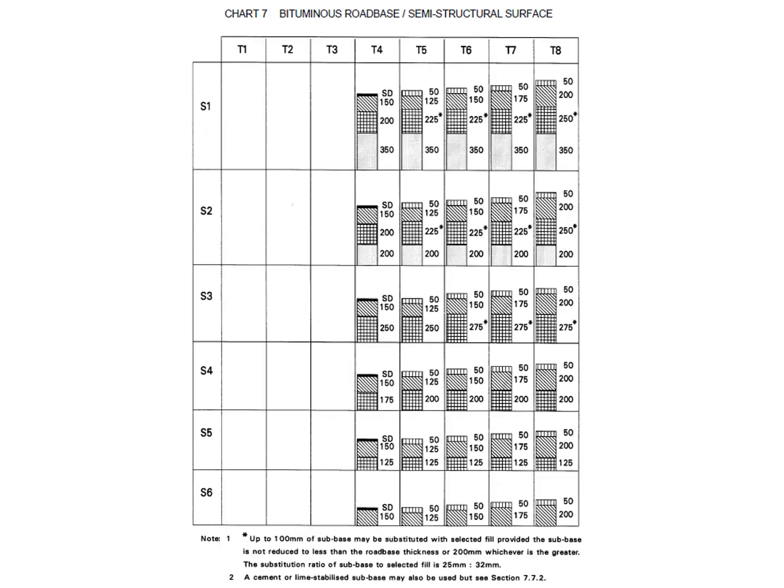If I switch over to this one, this is chart 7, and you can see bituminous road base or semi-structural surface. Semi-structural surface means we are having the asphalt concrete layer at the top, just one layer. And again, by using the same method, we can determine the thicknesses of the different layers.